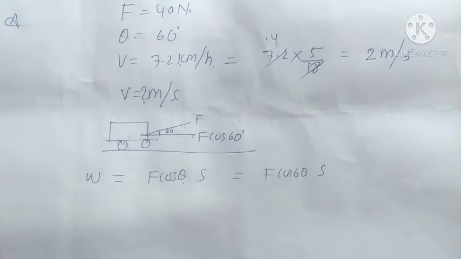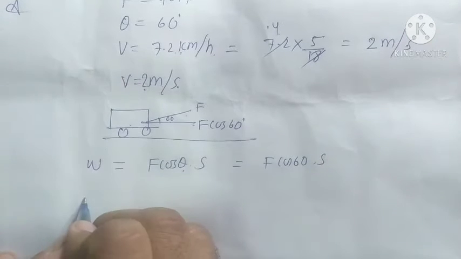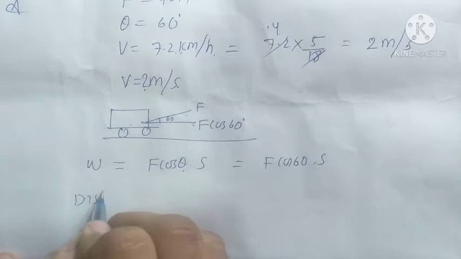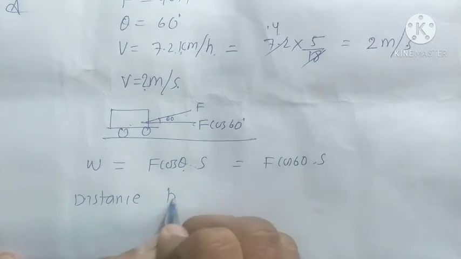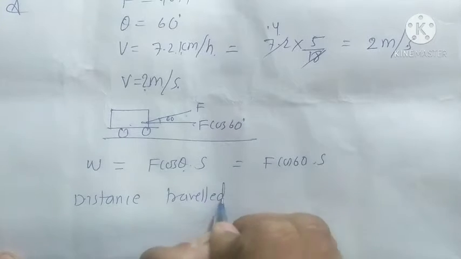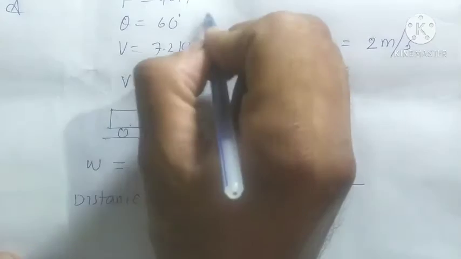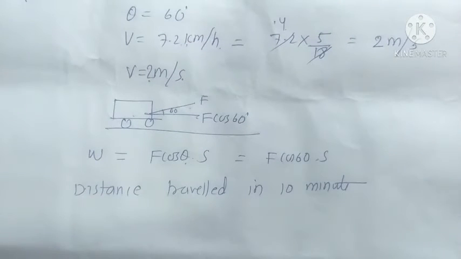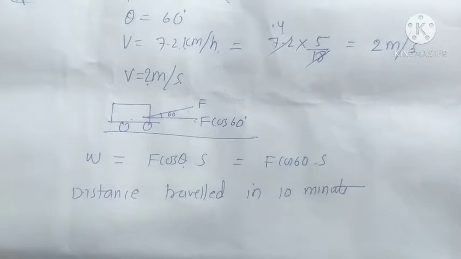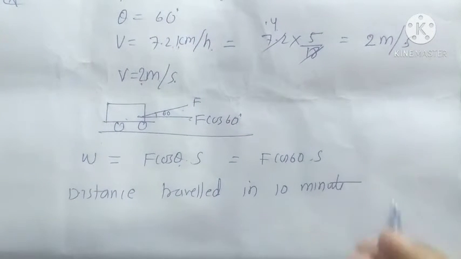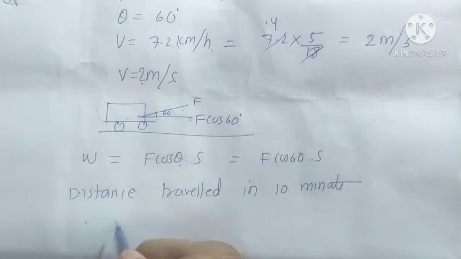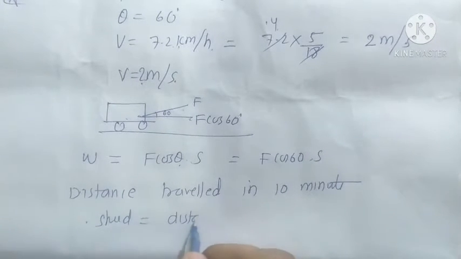So how do we find s here? Firstly we find the distance traveled in 10 minutes. We already know that speed is equal to distance upon time.